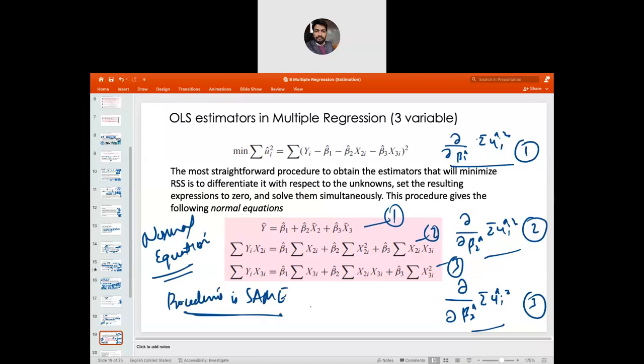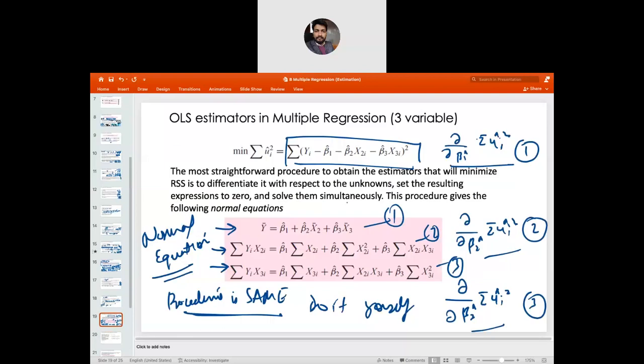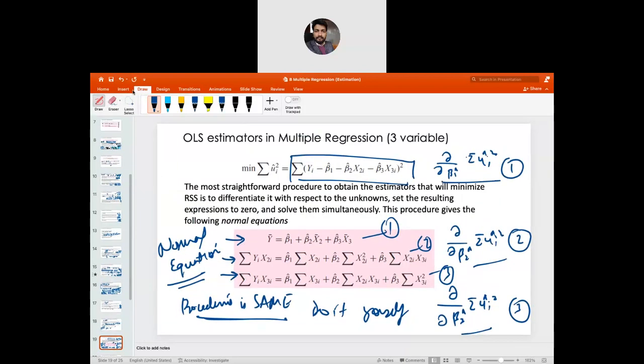So do it yourself and get these three equations by differentiating this thing with respect to beta 1 hat, beta 2 hat, and beta 3 hat, right? Once you have got these three equations, you can see that there are some unknowns that you want to get.